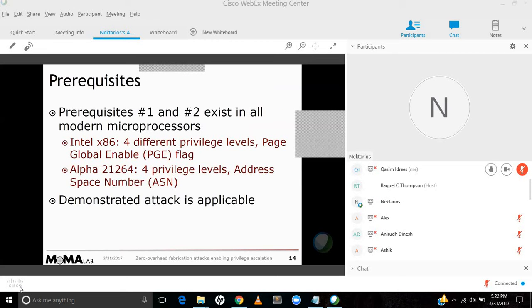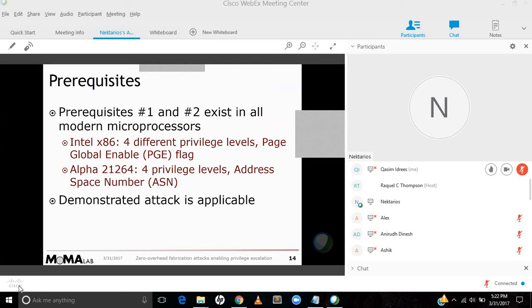And both those prerequisites, the prerequisite of having rings and the prerequisite of having identifiers in the translation look-aside buffer, are something that exists in real processors. So the Intel x86 processors have these 4 privilege levels, and they also have the page global enable flag, which is a very simplistic way of keeping entries in the translation look-aside buffer.